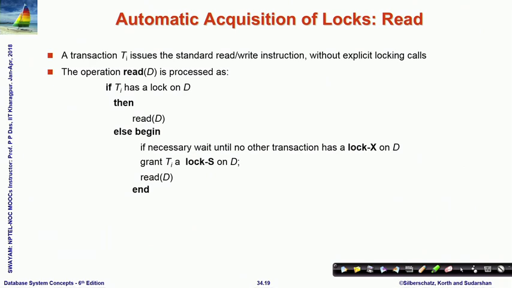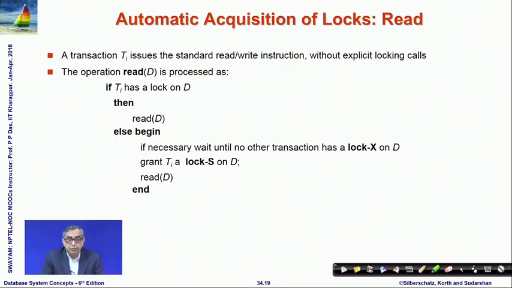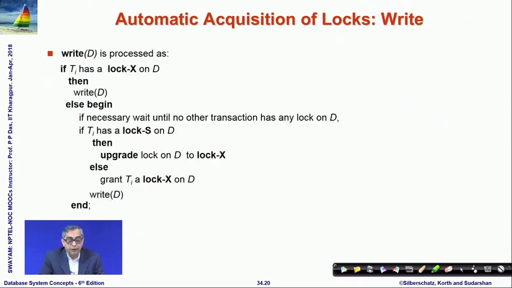If you do not have that, then you may have to wait until no other transaction has an exclusive lock on it, because a read or shared lock is not compatible with an exclusive lock. So, you may have to wait till the transaction that was holding the exclusive lock has released it, and then you take a grant of the shared lock on this item and read it. It is a very simple algorithm to automatically acquire locks.